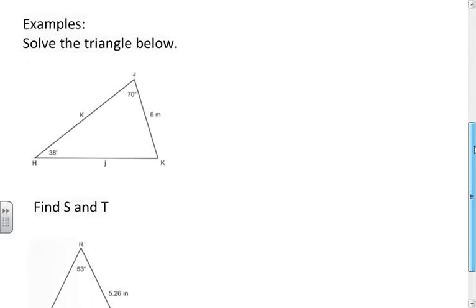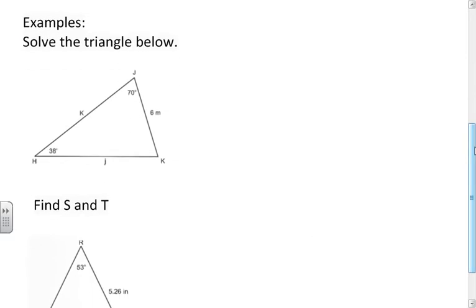So let's look at an example. Solve the triangle below. Now, solve in trig means find everything. So you find every unknown value that you have. The first one that's easy to find is your triangle sum.